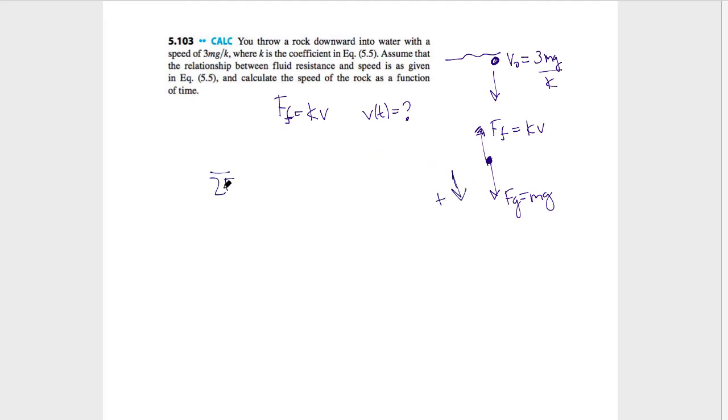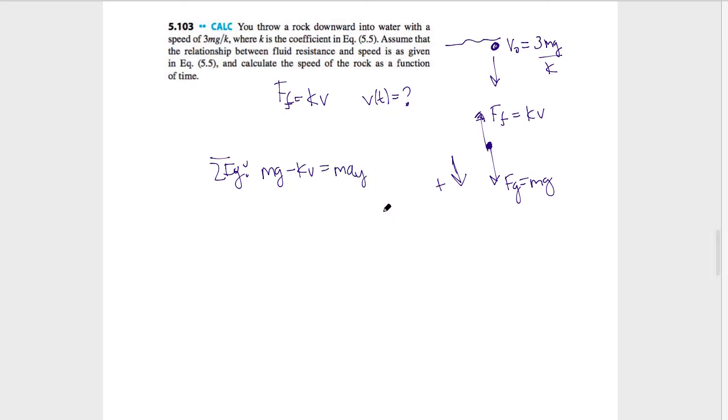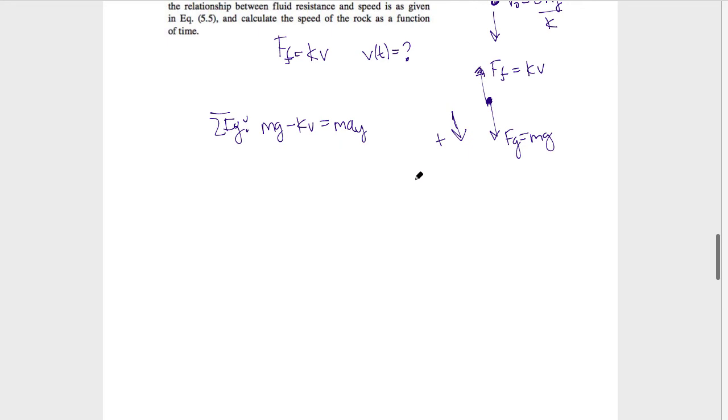So the sum of forces in the y direction will end up just being mg minus kv equals ma. First off, we know that because there is a resistance force, eventually we will get to a terminal velocity.